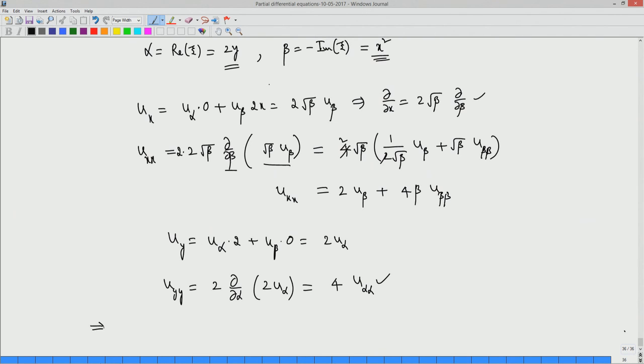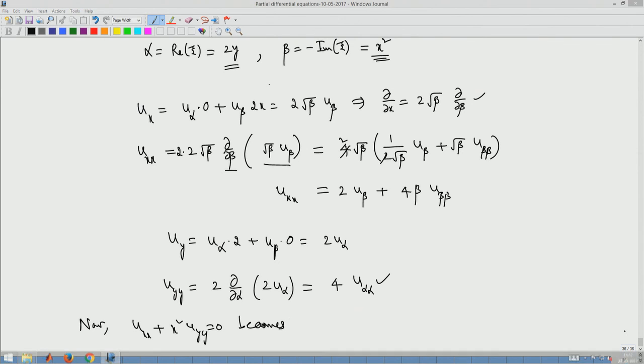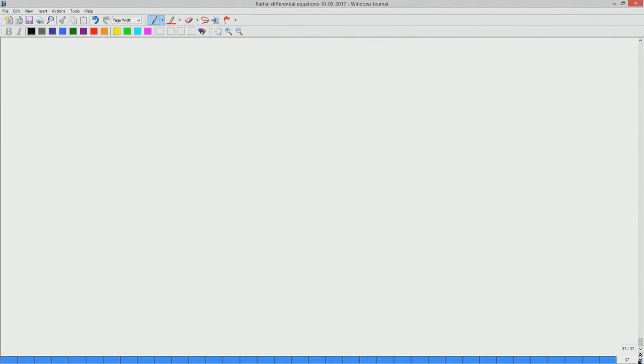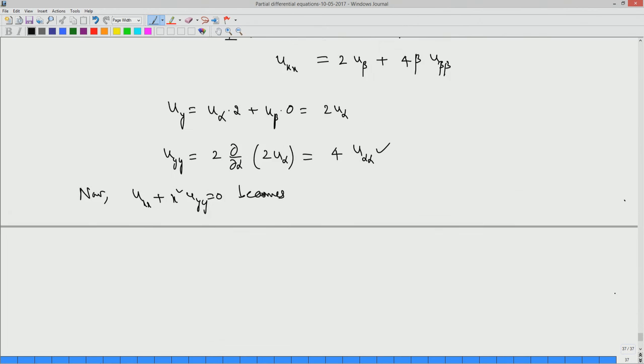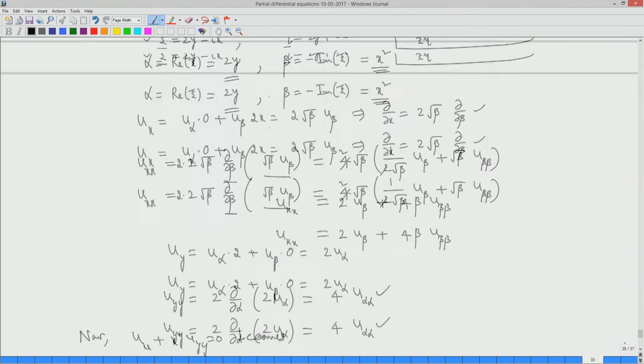So, if you combine these now, the given equation, that is uxx plus x square uyy equal to 0, becomes, you can see what happens. What is uxx? uxx is 2 u beta plus 4 beta u beta beta. What is x square? x square is simply beta.